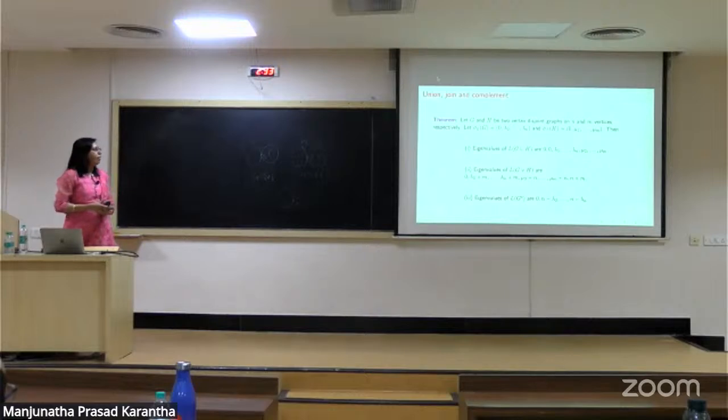Here I am considering Laplacian, so the eigenvalues are just the union of eigenvalues. Then two zeros will come because the graph is disconnected.